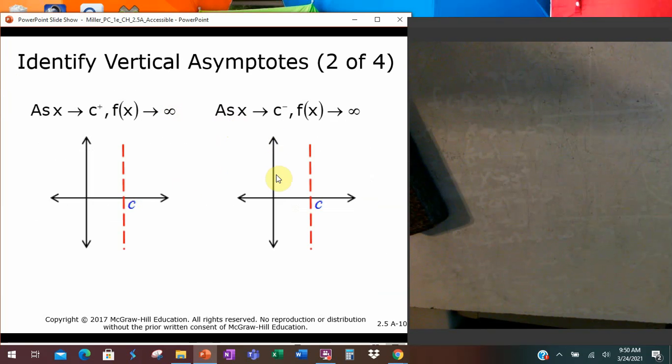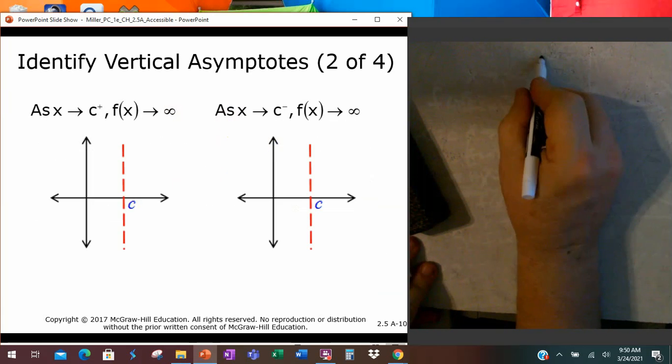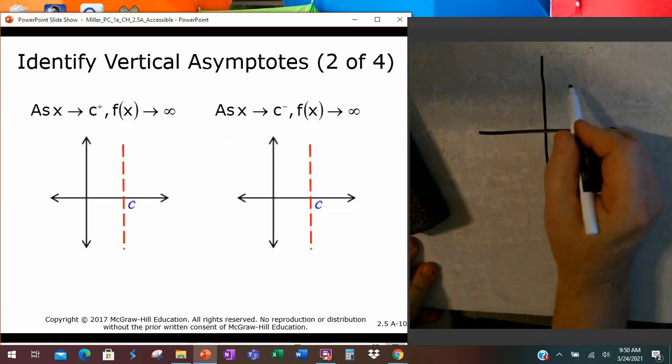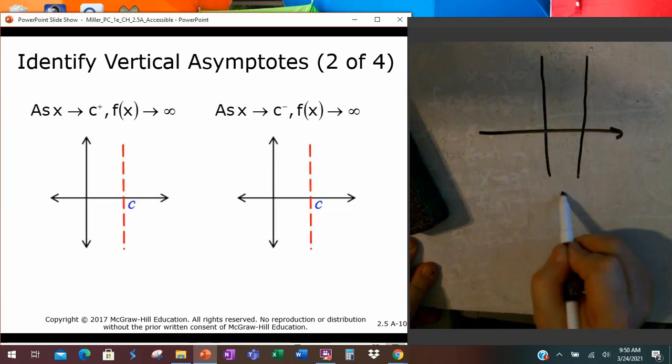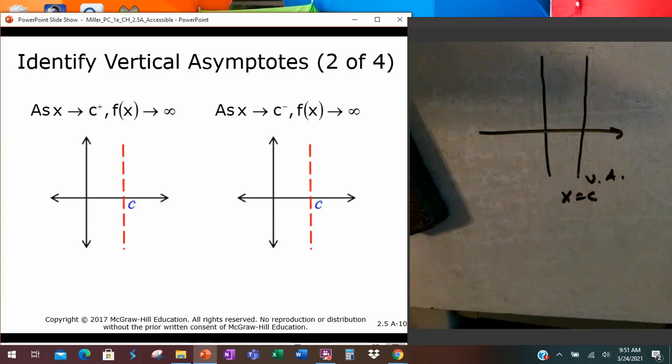So here are some pictures. I'm going to give you this behavior and graph what it means. Here is x equal to c. This is a vertical asymptote. You're letting it know. As x approaches c from the right, f of x approaches positive infinity.